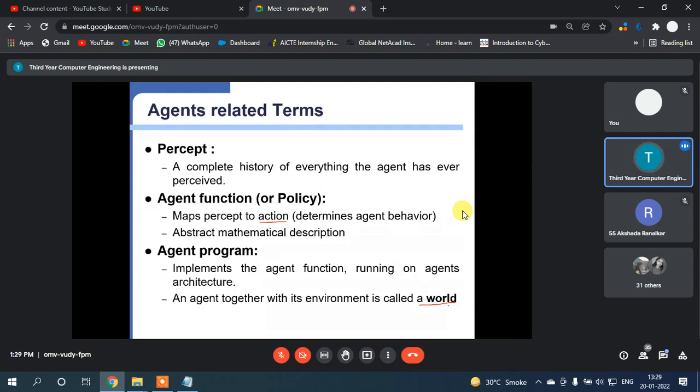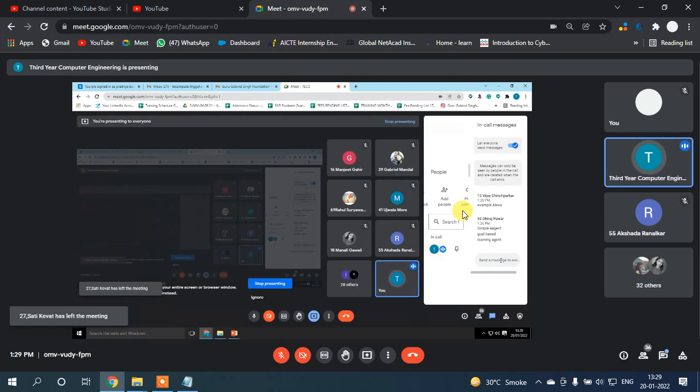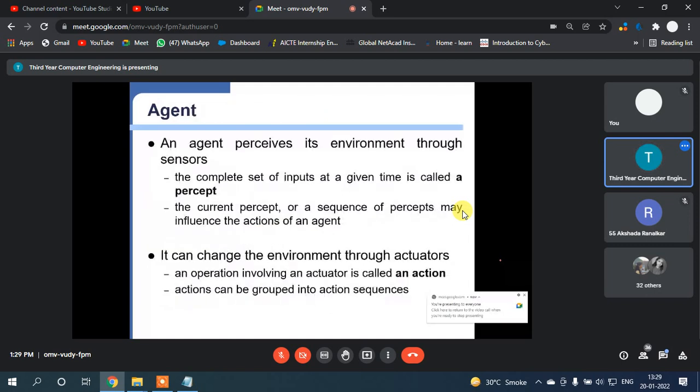You have to keep this in mind because this concept is in the next unit also. Why is it called a world? Because it is agent with environment. What is the agent? The one performing the operations. And what is the environment? The surroundings where the agent works. So agent with the environment is called the world. Got it? We have already seen this. An agent perceives its environment through the sensors. The complete set of inputs at a given time is called a percept, which is received from the environment.